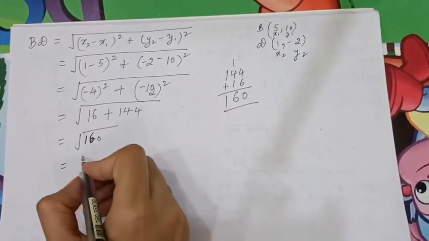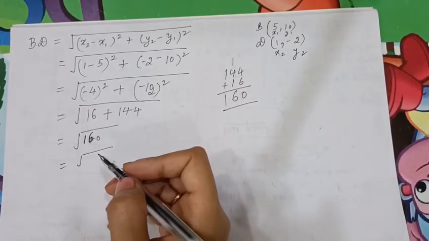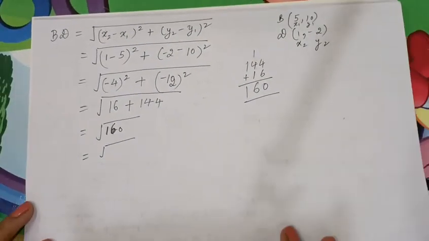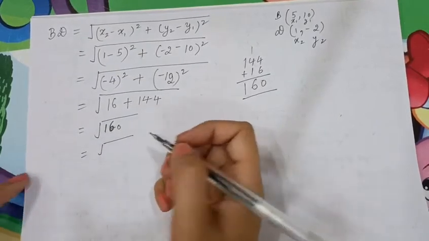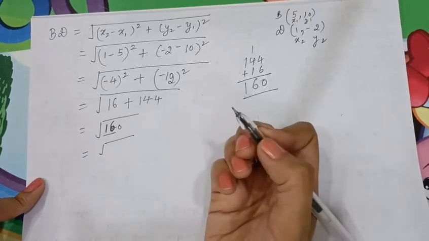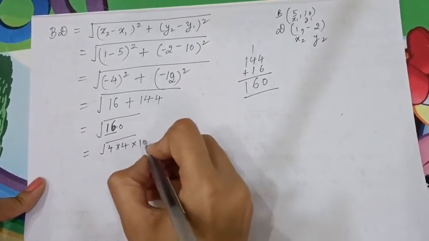So 160, if you are solving its factors, so square root of 160, you can solve square root by making the factors. 4 into 4 is 16, into 10.